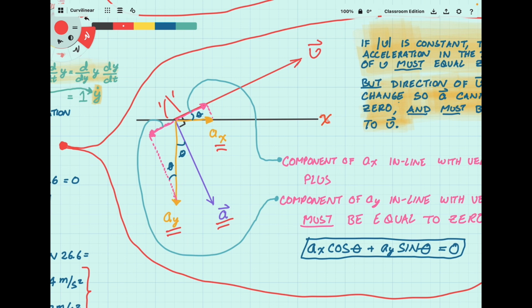So all I'm doing is taking two vectors, well, they're not known, but the directions are known, ax and ay, and I'm projecting them onto the velocity direction.